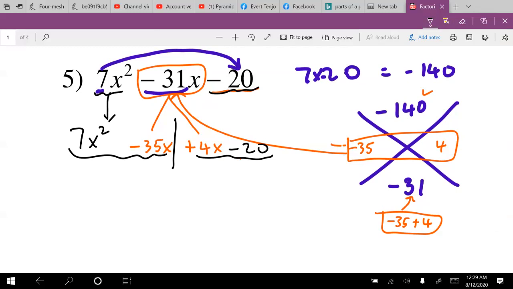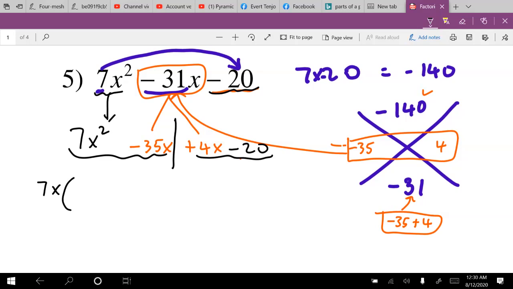So let's see what's common between 7 and 35. The numbers we know 7 is a multiple of 35. And x squared, we have two x's over here, and right here we have one x, so x is common.